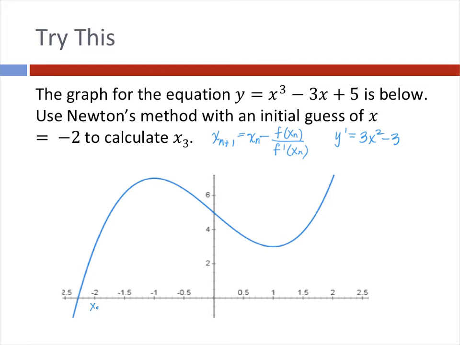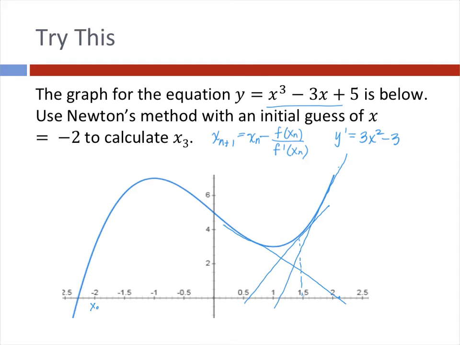And why am I giving you that initial guess? Well, if you were to just look at this equation and make an initial guess, let's say you guessed that it crossed at x equals 1.5. Okay, so if you had made this your initial guess, and you look at the tangent line at that point, you can see that it crosses at about 0.5, and then that would be our second guess, and then what we would do is draw a tangent line at that point, and it would cross over here, and that would be our third guess, and then we would draw a tangent line at that point.